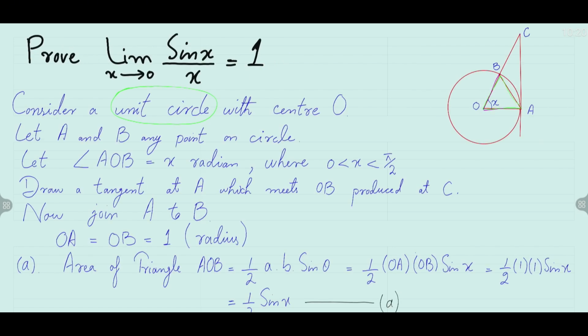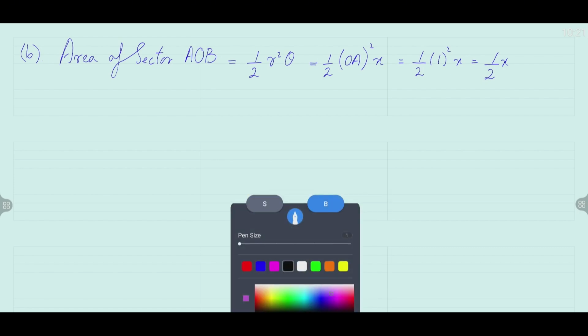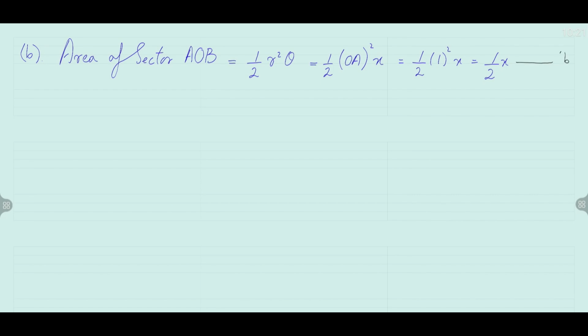Here you can see this is area of sector AOB. So 1 by 2 r, radius is OA, you may take OB, whole square into x, and radius OA is 1, so we get 1 by 2 x, which is area of sector. We call it equation B.